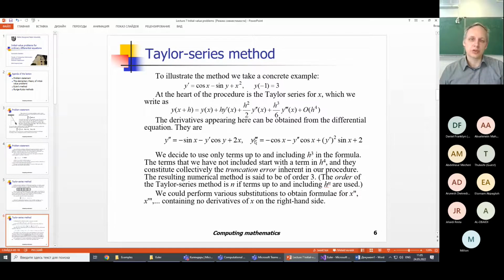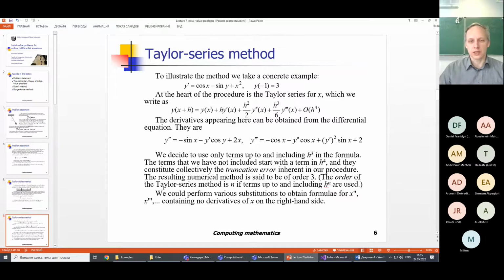Suppose that we decide to use only terms up to and including h power 3 in the formula. The terms that we have not included start with the term h power 4, and they constitute collectively the so-called truncation error. The resulting numerical method is said to be of order 3.